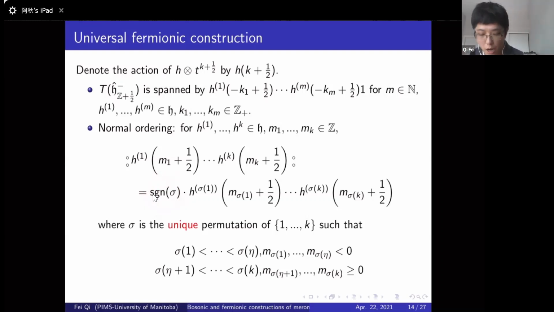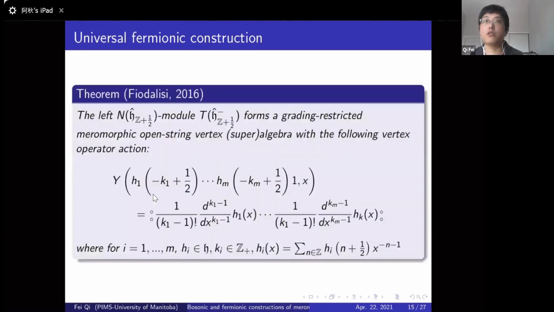Okay, then with this in mind, Francesco has already proved in 2016, although he only showed computations, that this T of H hat minus forms a graded restricted meromorphic open string vertex algebra.